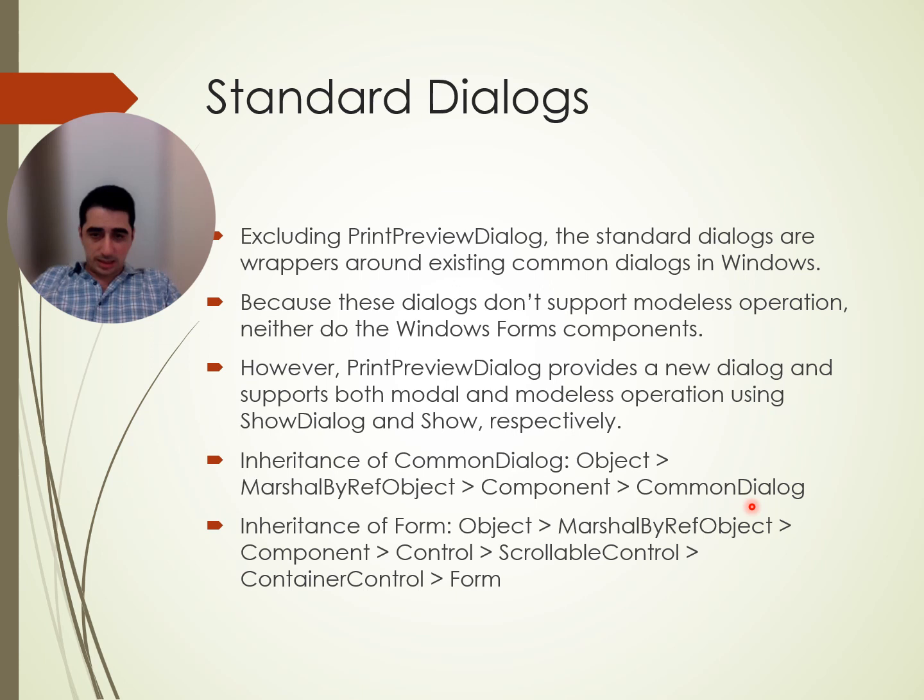So common dialog is a child of component, and if you want to know where the form is in this inheritance tree, form will be under object, MarshalByRefObject, component, control, scrollable control, container control, and form. So you can think of common dialog and form as cousins, right?